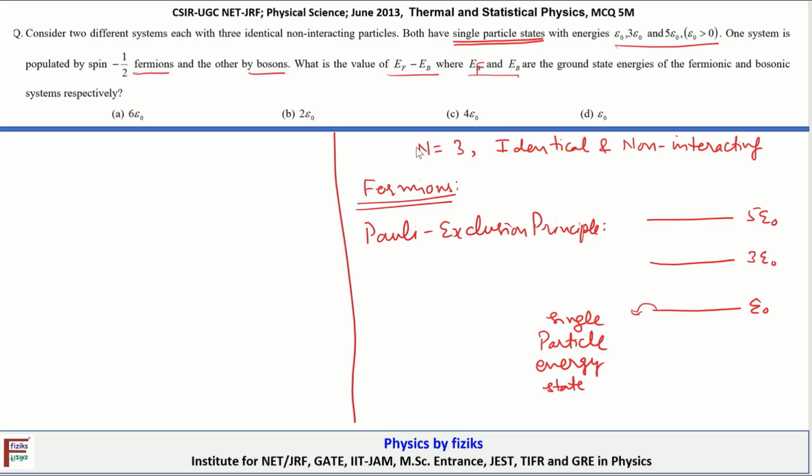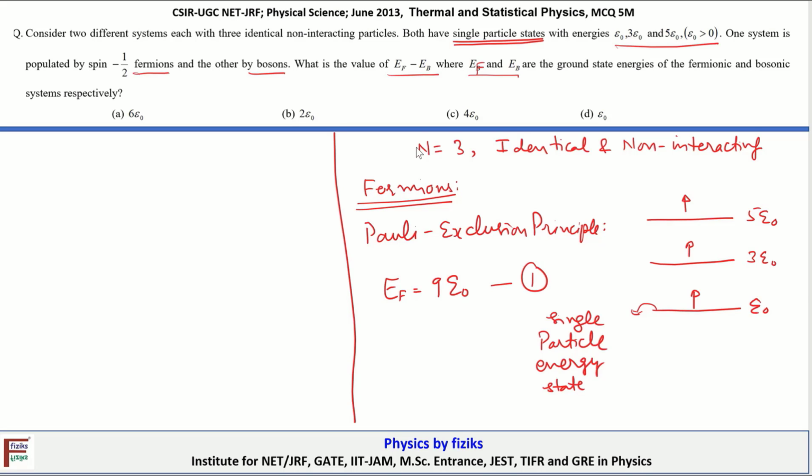So the ground state energy for this 3 particle system is given by putting one particle here, one here and another one here. If we denote the energy of this system as EF, that is given by the sum of these 3 energies, that is 5E0 plus 3E0 plus E0, so it becomes 9E0. So this is the ground state energy for the fermionic system.